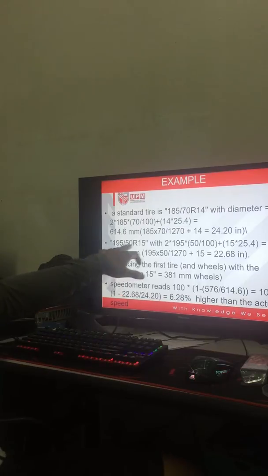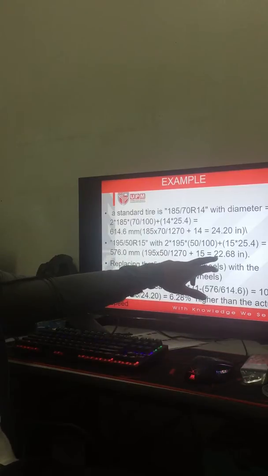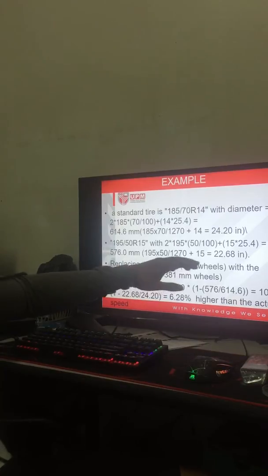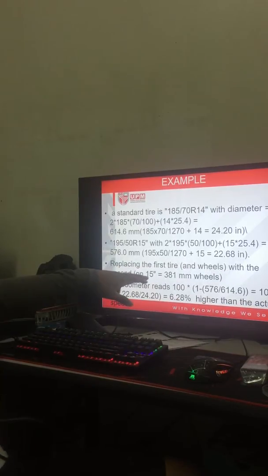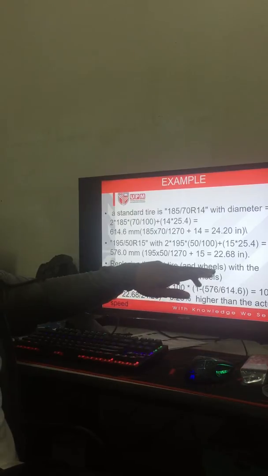Next, after calculating this other tire type, you get 576 millimeters, which is equivalent to 22.68 inches. Replacing the first tire and wheel with the second one.